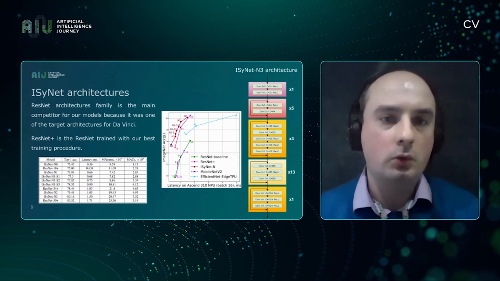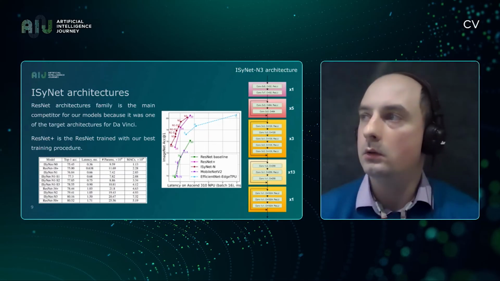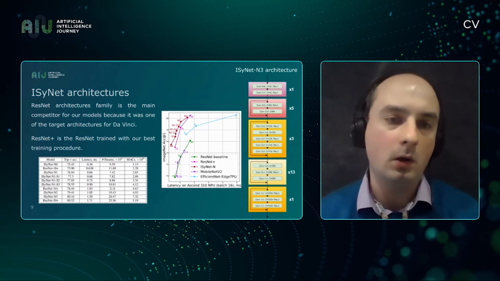You see our results on this slide, and you see that our models in terms of Pareto index are better than ResNet models, and ResNet models were trained with our best training procedure, so the comparison is honest. So why ResNet? There are two main reasons. Because ResNets are reliable workhorses.